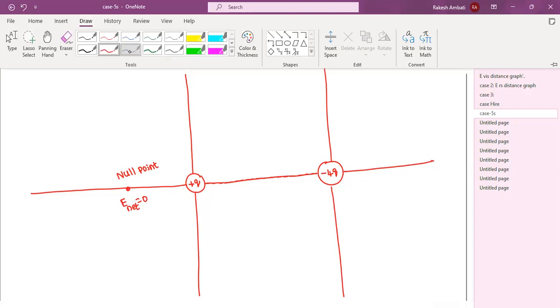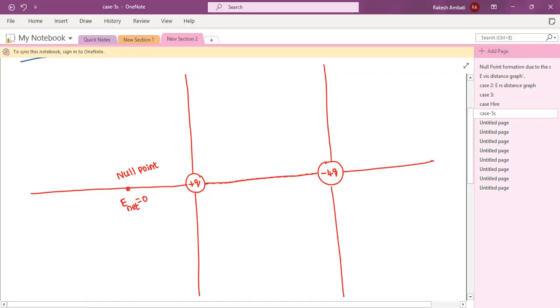In the case of a positive charge, what is the direction of the electric field? Away from the positive charge. In the case of a negative charge, what is the direction of the electric field? Towards the negative charge. Okay, so listen.